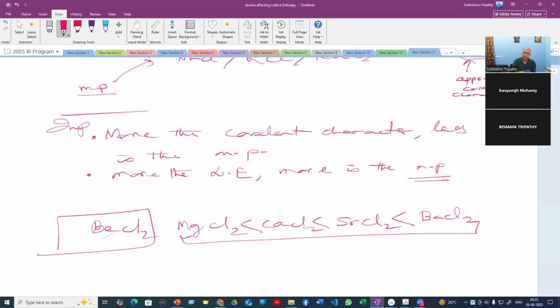difference. So that will be a complicated thing. But yes, more the ionic character, more is the melting point, I can say, in this particular case when covalent nature becomes appreciable.